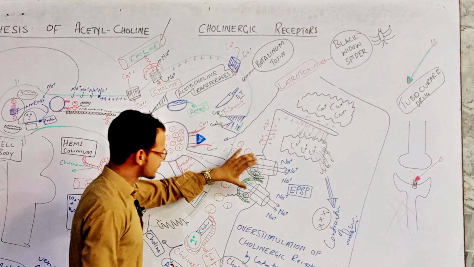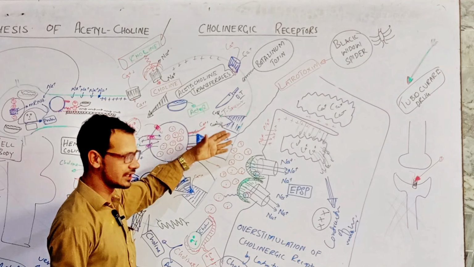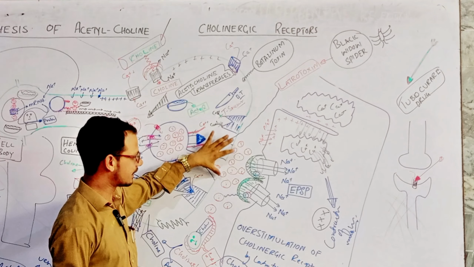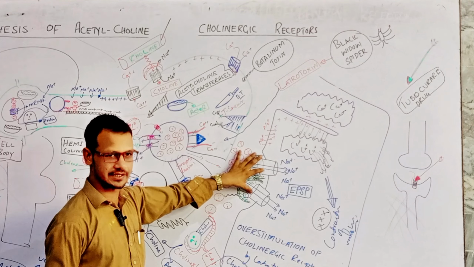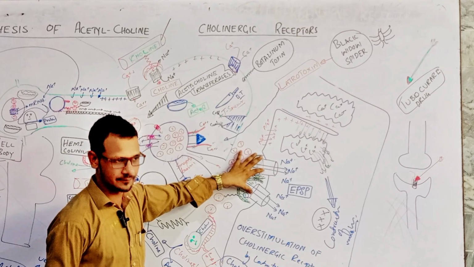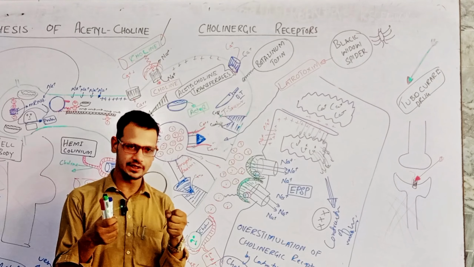Because when these channels are inhibited, a lot of acetylcholine is not able to activate these receptors, and when this person is working, he will get fatigued very early, very soon.